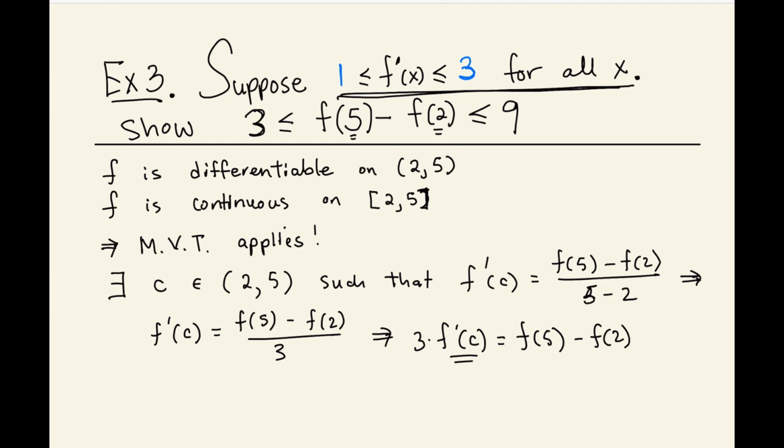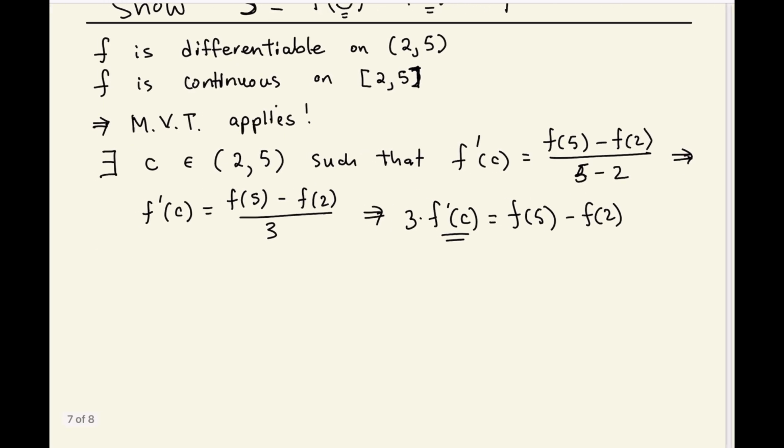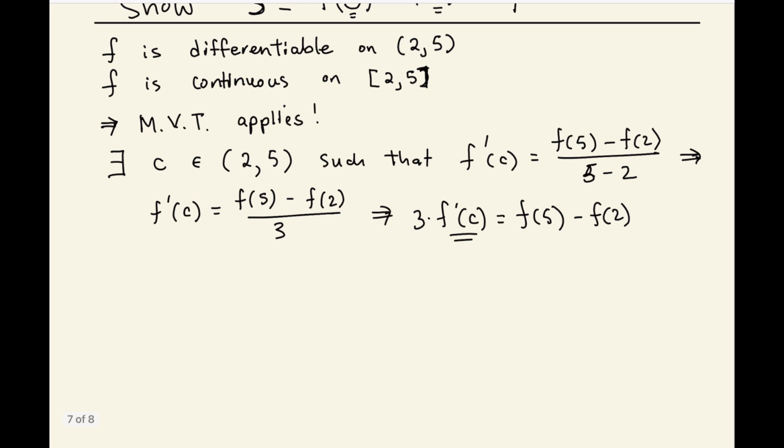Now I go back and look at these bounds. I know that f prime has to be greater than or equal to 1, and I also know that it is less than or equal to 3. So that allows me to write the following inequality.